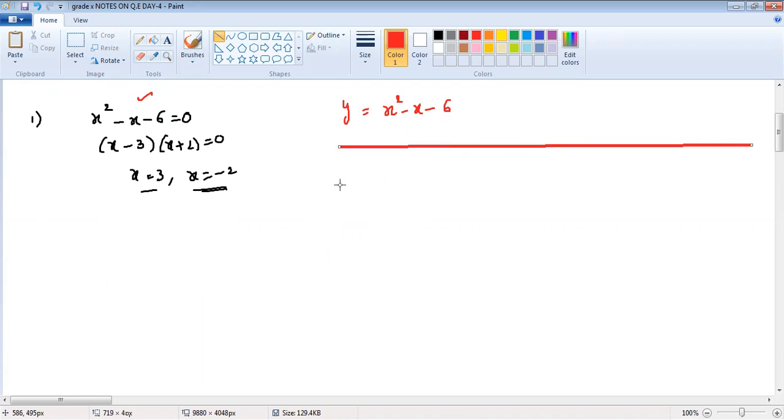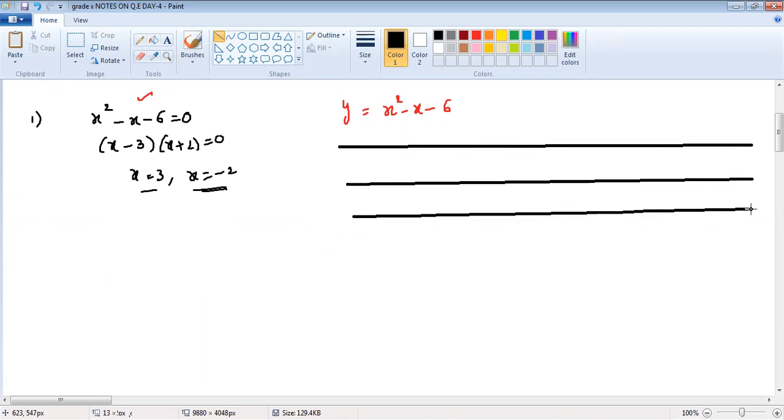How many lines are required is up to you. You can take it because how slowly or fastly you do the calculations depends upon you.